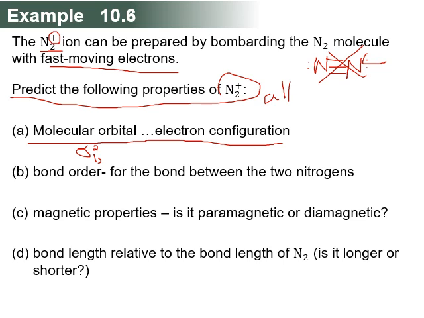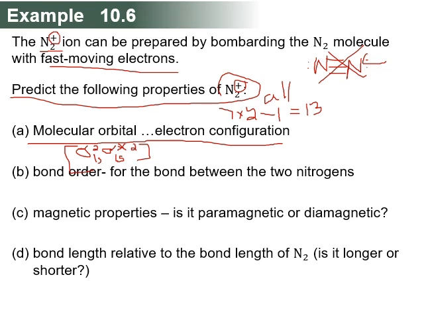So for N2, each nitrogen has 7 electrons total. 7 times 2 is 14. However, we're going to take one away because of that positive charge. So we have 13. Let's see what we can do here. So sigma 1s2, that's the bonding. Sigma 1s star 2. So I've just done 4.